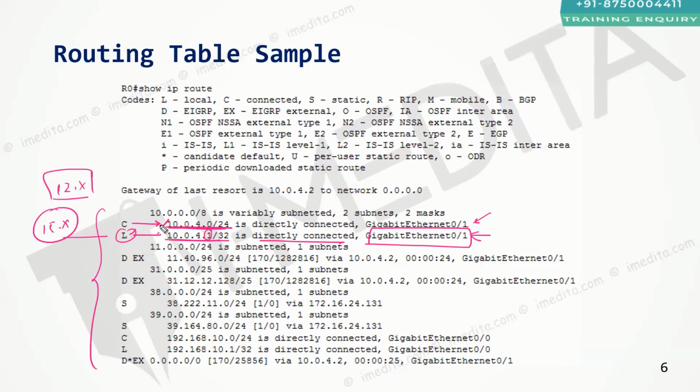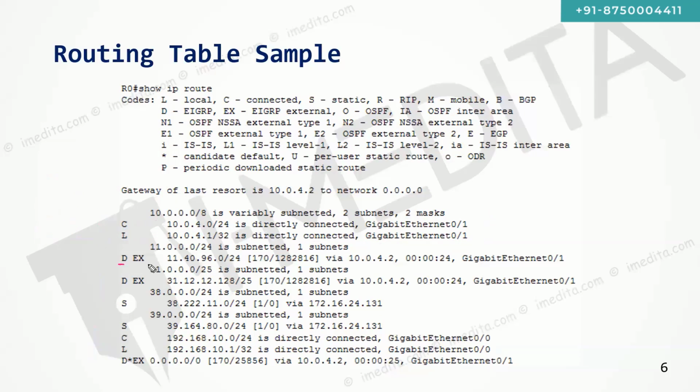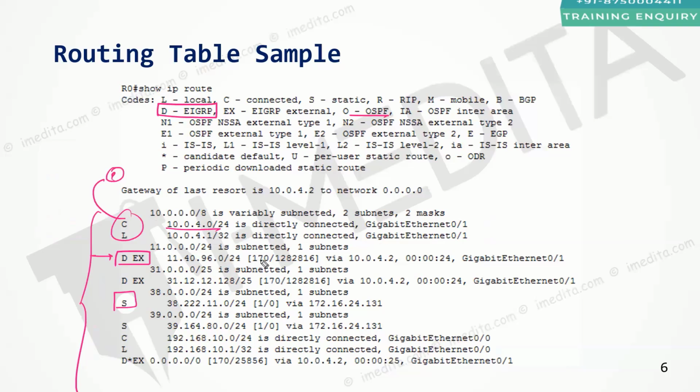Then we have routes learned via protocols such as EIGRP. D stands for DUAL. DUAL is the algorithm for EIGRP. So D stands for DUAL, S stands for static, O stands for OSPF. So this is how the routes are maintained in the routing table. Routes are maintained along with how we know about that route, along with the subnet, mask, AD value, metric value, next hop, and exit interface.